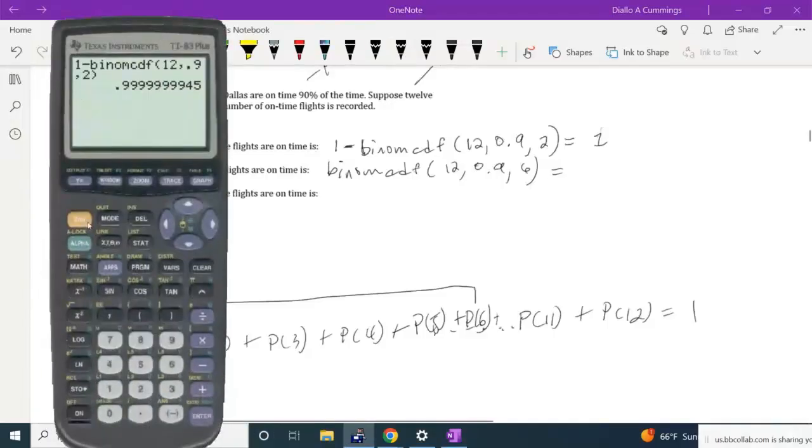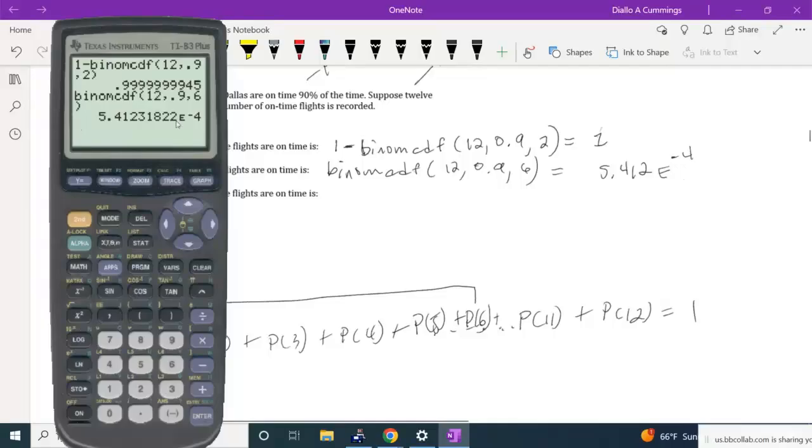And if we put this in the calculator, binomial CDF 12, 0.9, and 6. And you get these funny looking numbers, right? This says 5.412, and then you see this e to the -4.